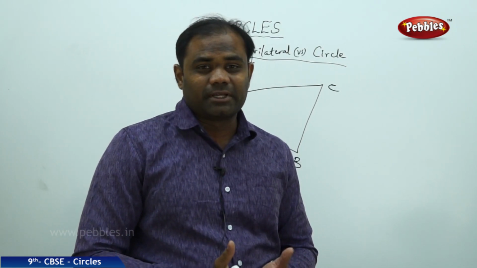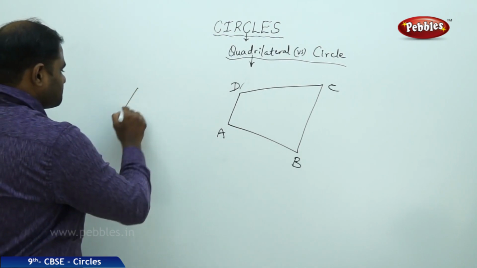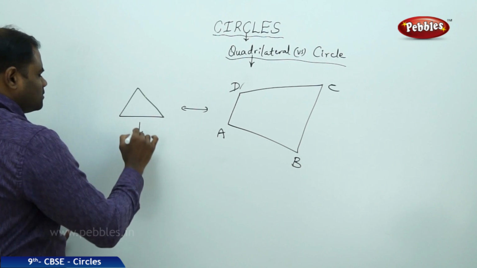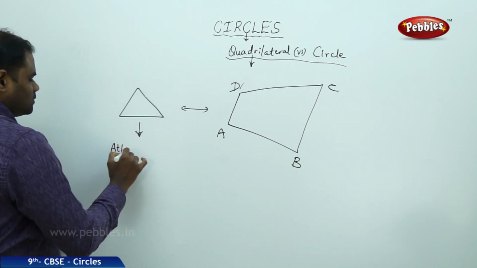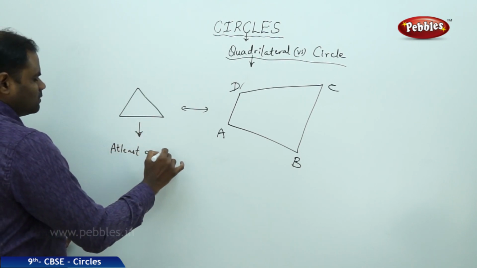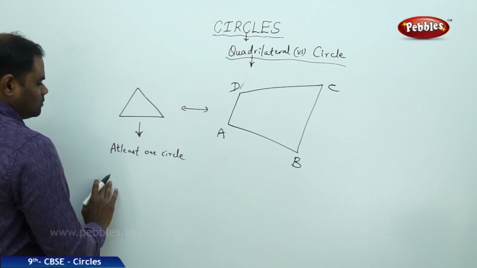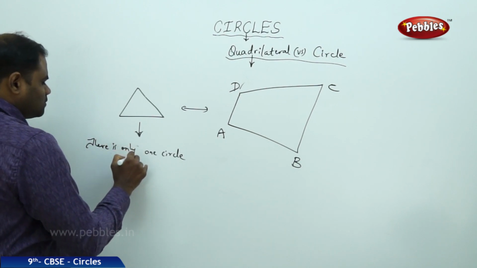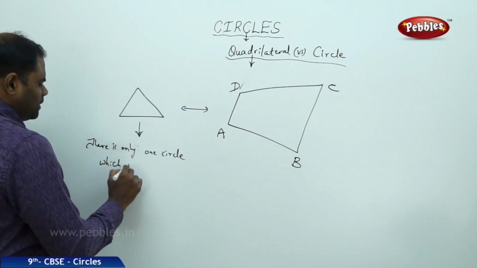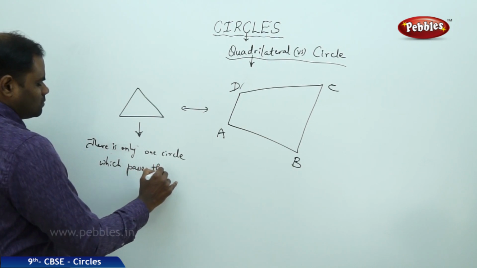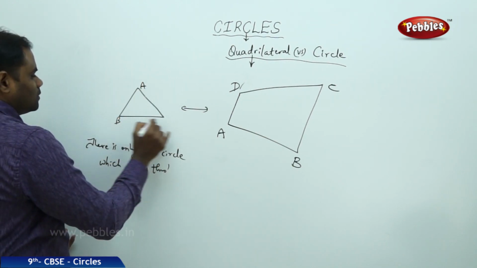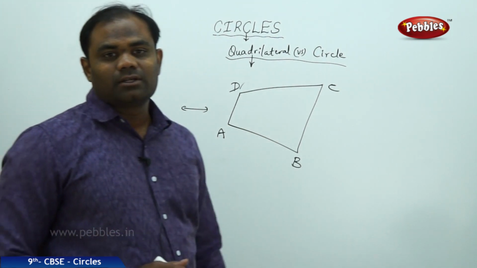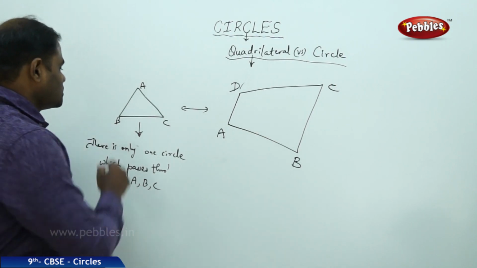So we have a special case. In a triangle, there is only one circle which passes through A, B and C, and that circle is called the circumcircle.